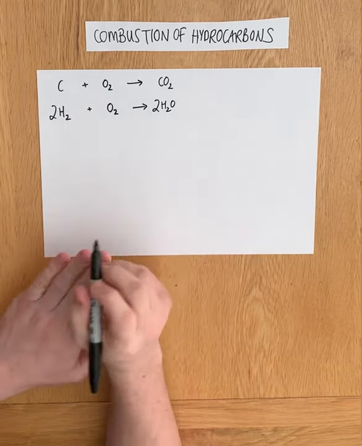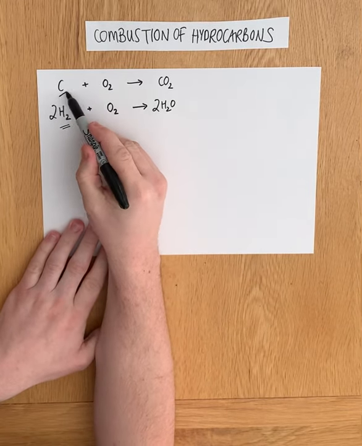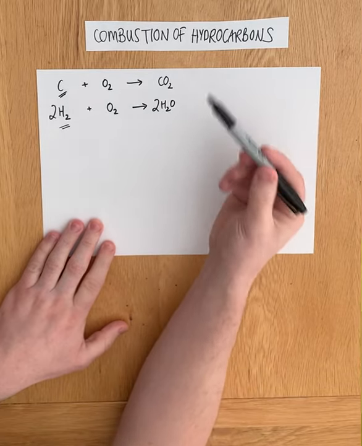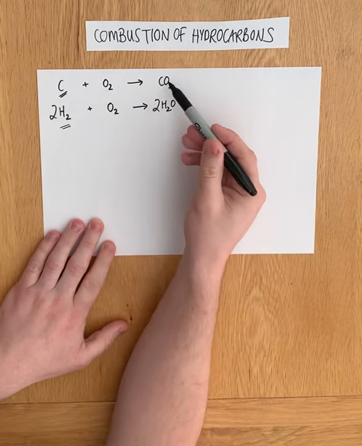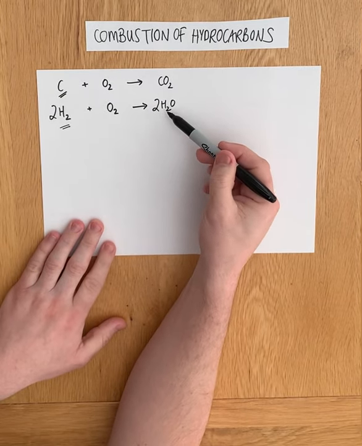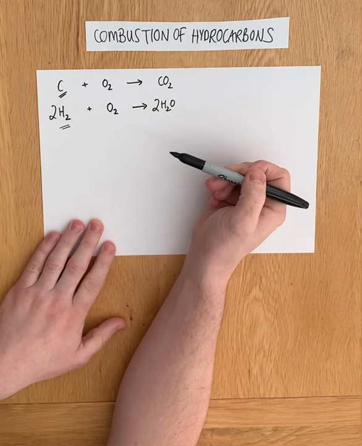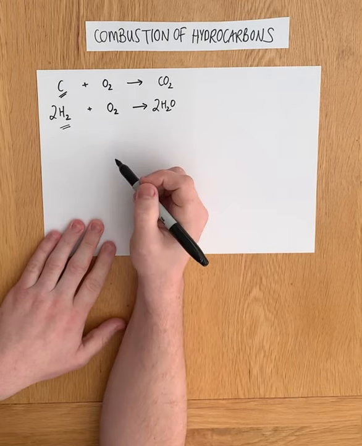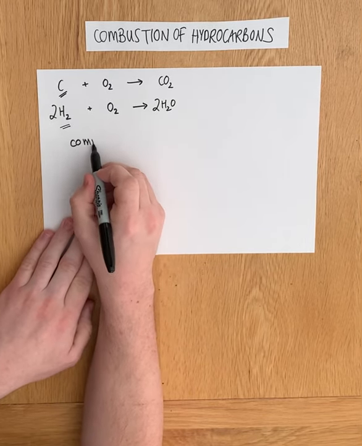If you take a hydrocarbon, the hydrocarbon contains hydrogen and carbon atoms. So when a hydrocarbon combusts, the hydrocarbon reacts with oxygen to produce both the oxides of hydrogen, water, and of carbon, carbon dioxide. Now, first of all, we can look at complete combustion.